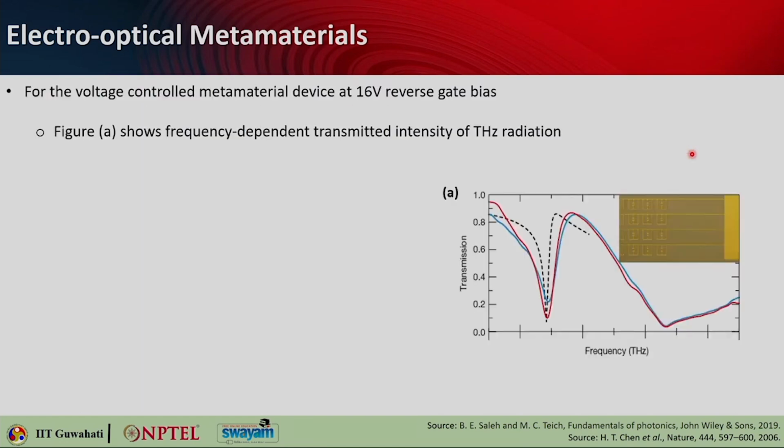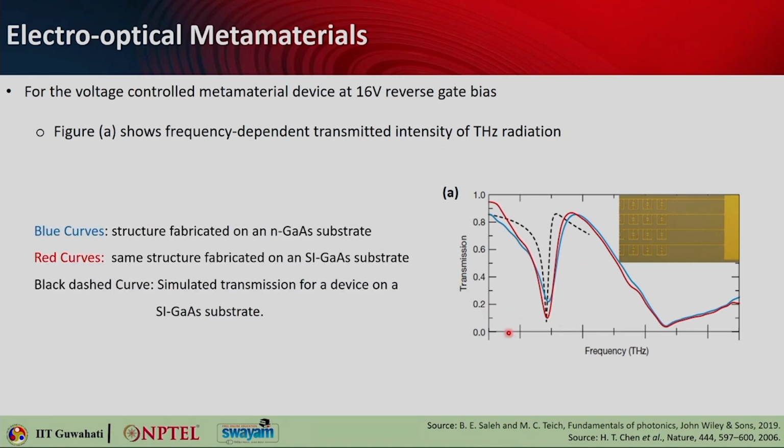Now, for the voltage controlled metamaterial device, this is the device. As you can see, this is the Schottky contact, these are the connecting wires and these are the elements, and at 16 volt reverse gate bias, this particular plot shows you the transmission for three different cases. What are those three cases?